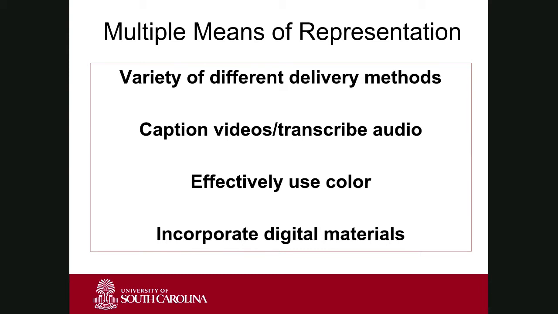One thing to keep in mind with that also is that whether someone has a disability or not, every single person has a different learning style. And some of you may be familiar, for example, with Howard Gardner's concepts of multiple intelligences.